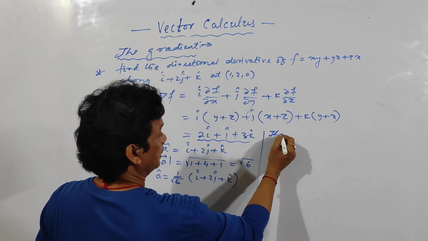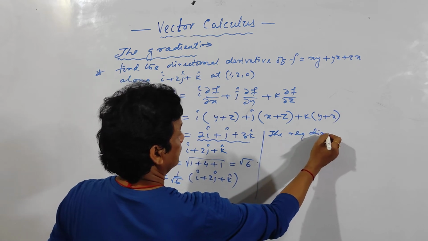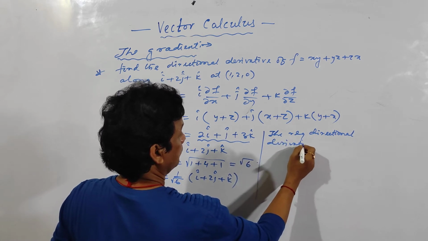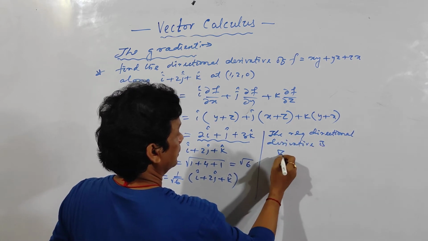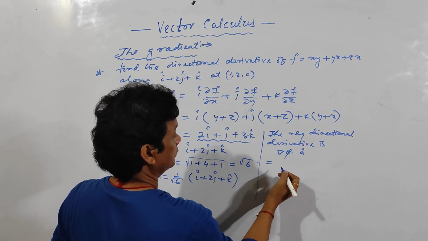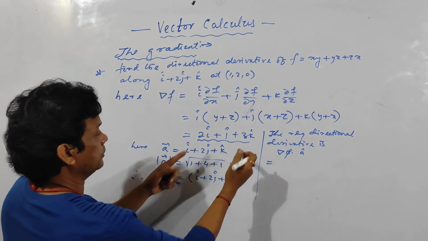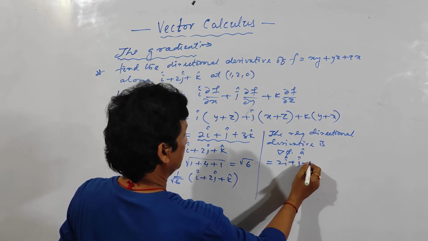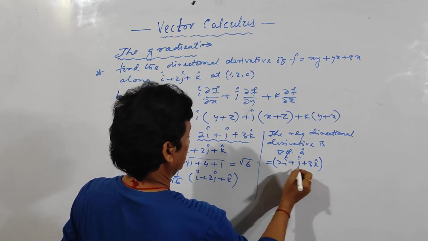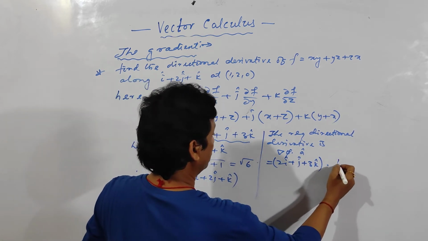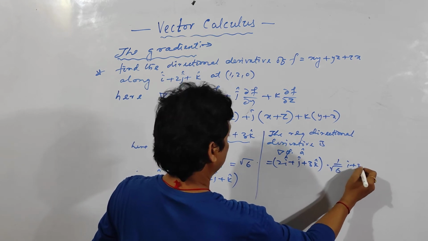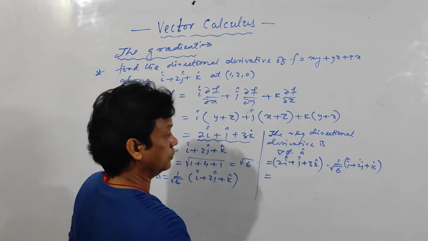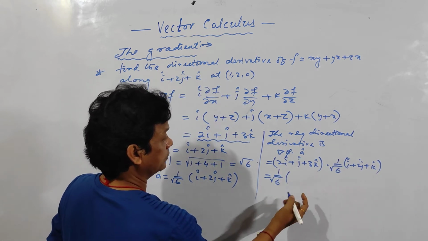Now the required directional derivative is grad phi dot a cap. Grad phi is this one: 2i + j + 3k, dotted with a cap, which is (1/root 6)(i + 2j + k). The 1 by root 6 is a constant, so it goes outside.